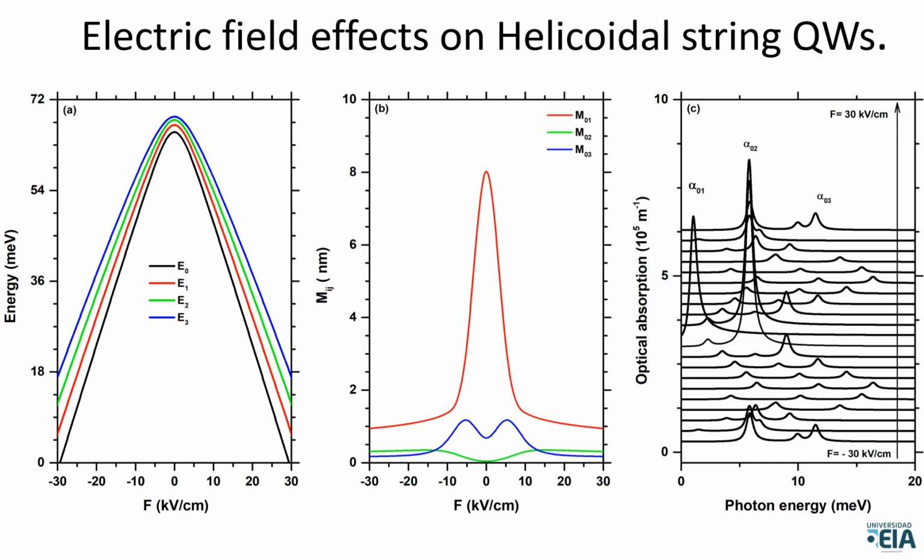The biggest dipole is the transition from the fundamental state to the first excited state, followed by the transition to the third excited state, and finally the transition to the second state, where the curve is zero during the absence of the electric field. Finally, on the rightmost figure, there are optical absorption coefficients for each state transition.